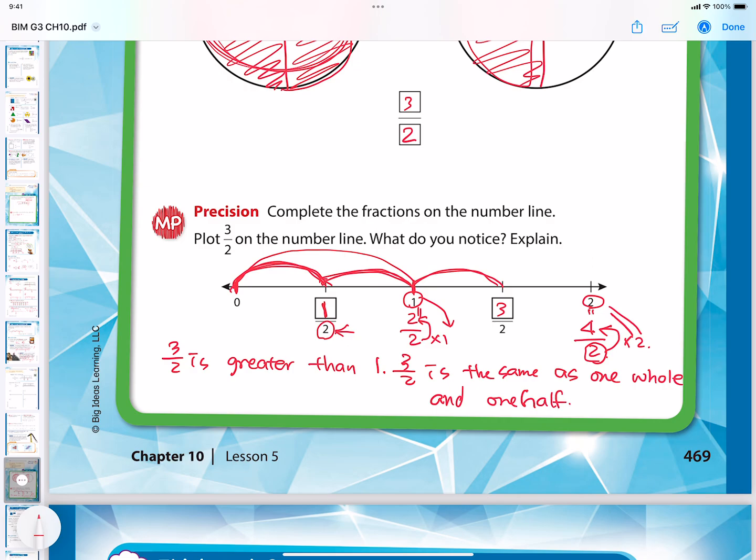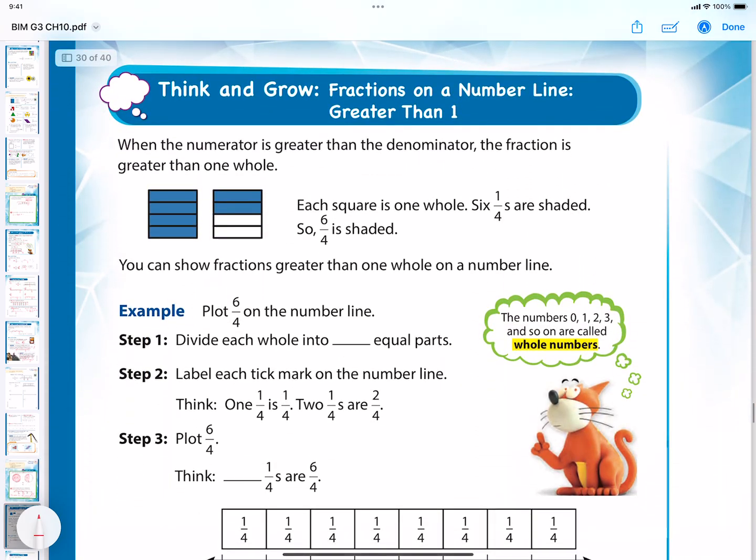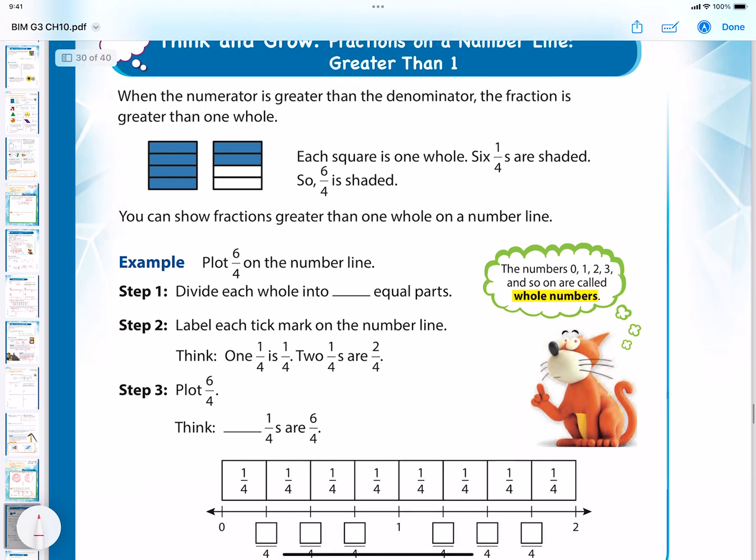All right. Okay, please write it and let's move on. You can always pause the video, you know that, right? Okay. When the numerator is greater than the denominator, the fraction is greater than 1 whole.